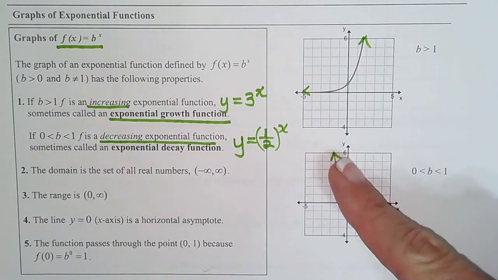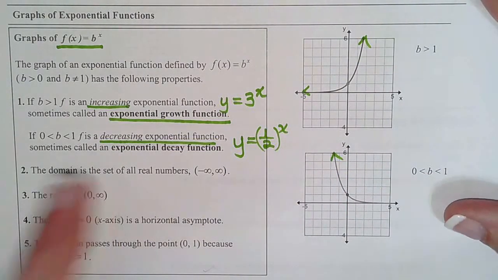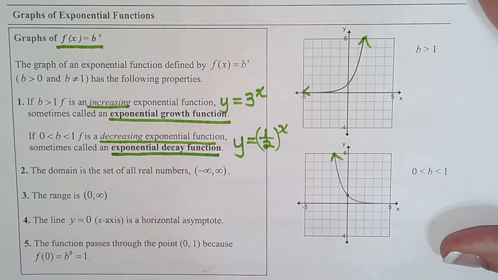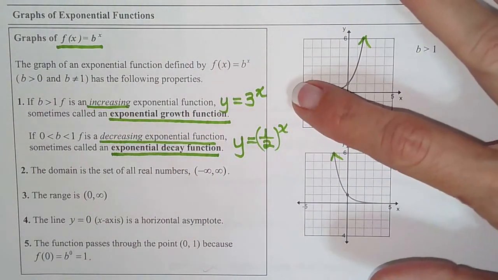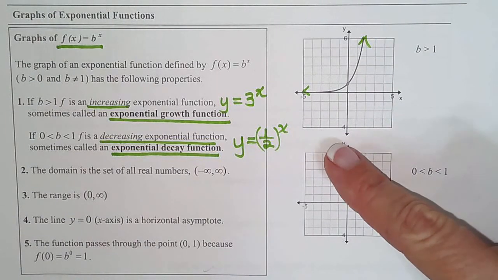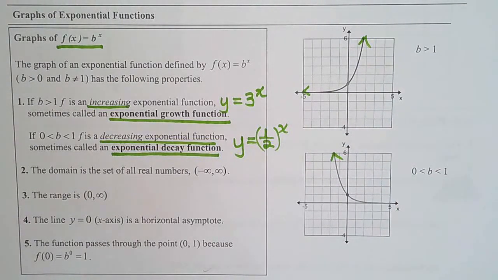That means going from left to right, it's going down. A decreasing exponential function represents exponential decay. Okay? So base greater than 1 is increasing, and base between 0 and 1 is a decreasing function.